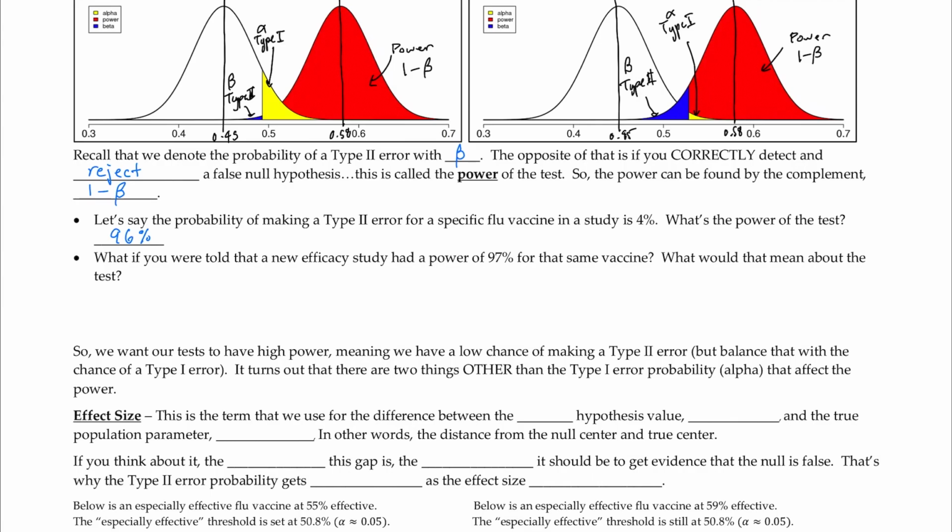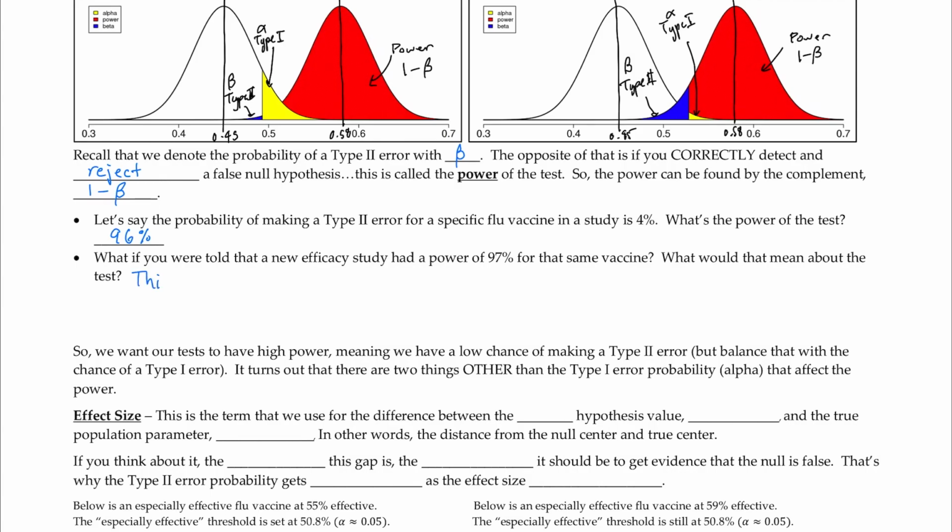What if you were told that the new efficacy study had a power of 97% for the same vaccine? What would that mean about the test? Take a moment to think about that and then unpause to see my answer.